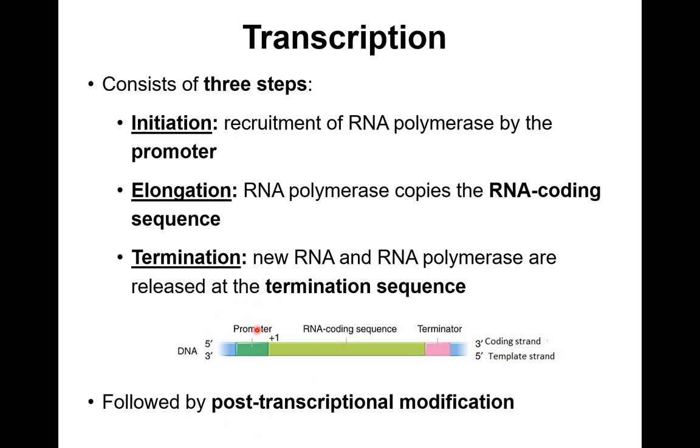Initiation takes place in the promoter, and basically it gets everything assembled together so that in the next step, elongation, the RNA coding sequence can be copied into an RNA molecule. And then the third step, termination, takes place in the terminator sequence. It basically tells where to stop the copying of the gene. All of this is what's referred to as transcription.